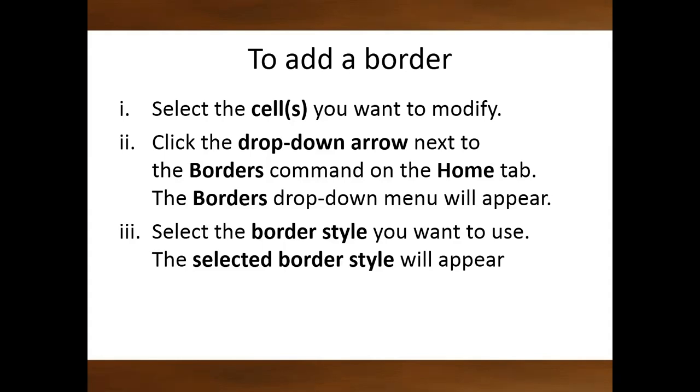Click the drop down arrow next to the borders command on the home tab. And when you do that, the borders drop down menu will display. 3. Select the border style you want to use. And once you select it, that style is applied.